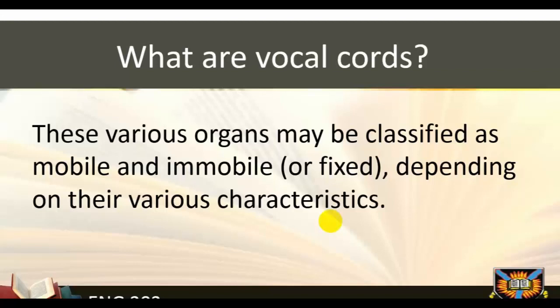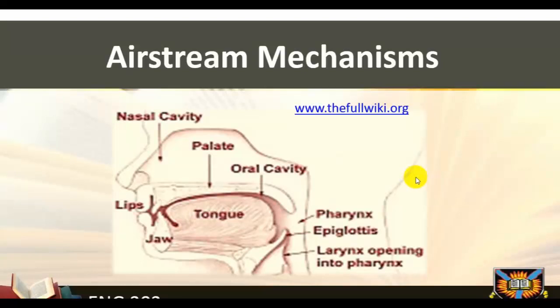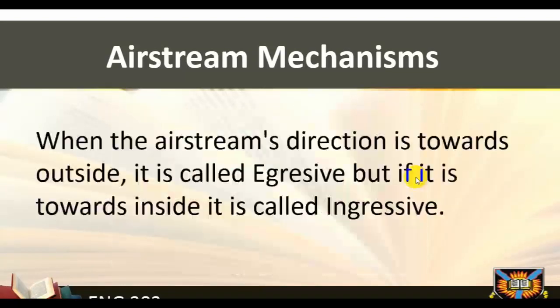Airstream mechanisms. As earlier pointed out, speech sounds are produced with the movement of a body of air, which will henceforth be referred to as airstreams. When the airstream direction is towards outside, it is called egressive, but if it is towards inside, it is called ingressive.